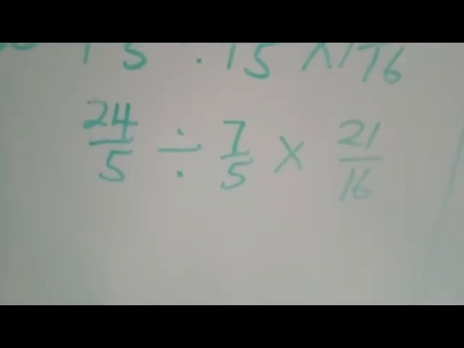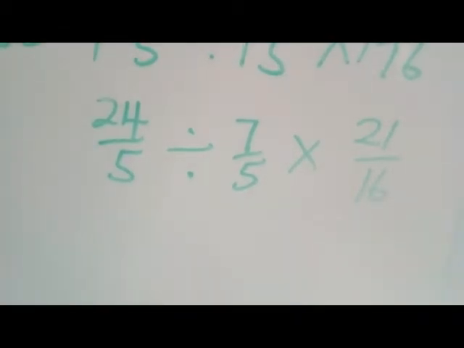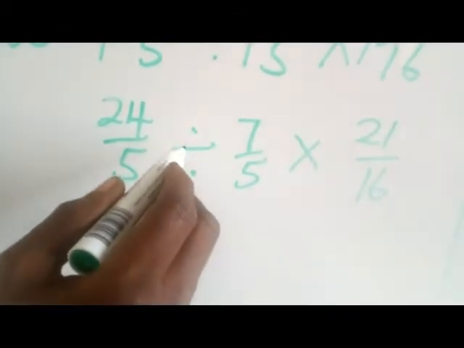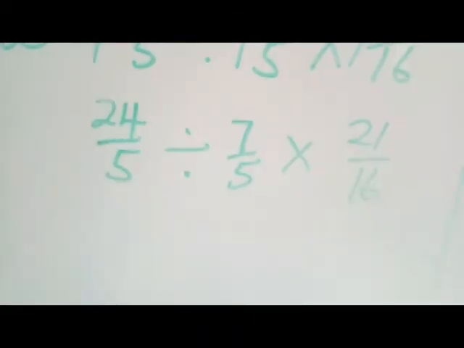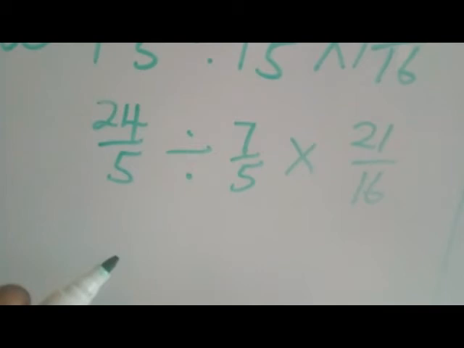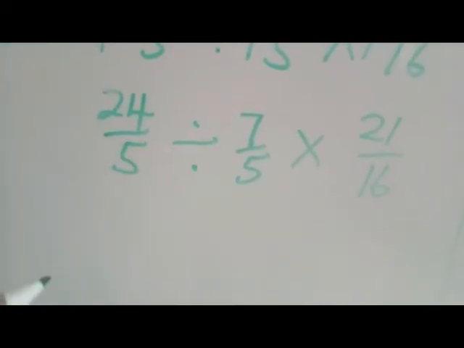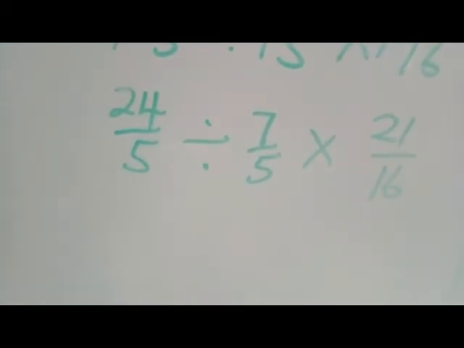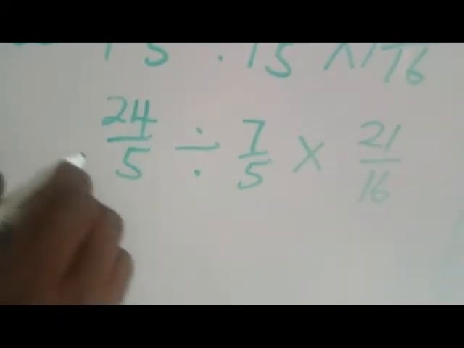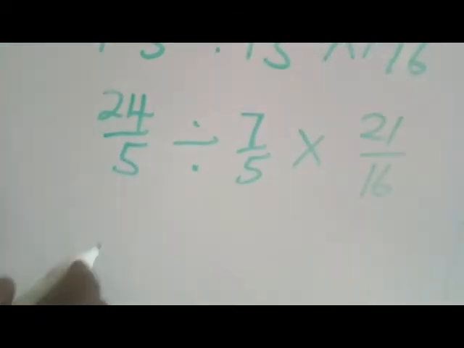The next step now is to change the sign. We need to be very careful here because there are two signs: we have the division sign and we have the multiplication sign. Remember, I told you when you see multiplication, you don't do anything about it. The only one you have to change is the division sign. And take note, you don't change the number in front of the sign. Rather, you change the number that comes after the sign.